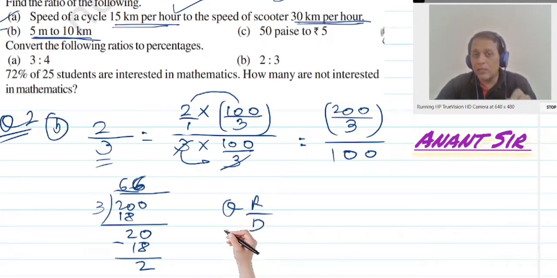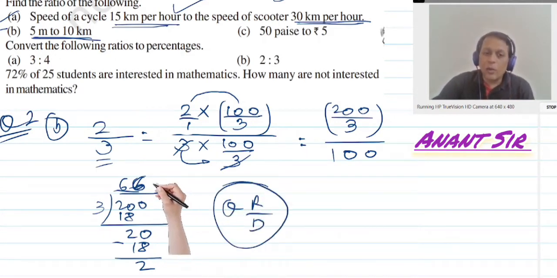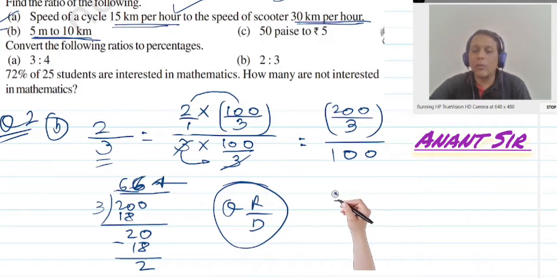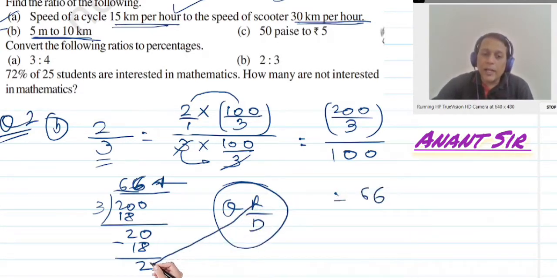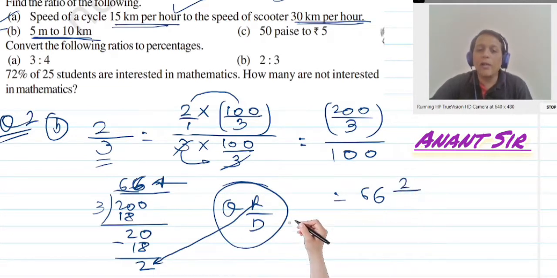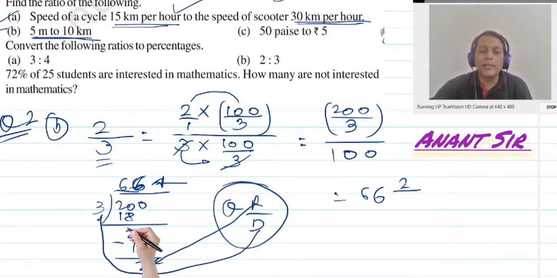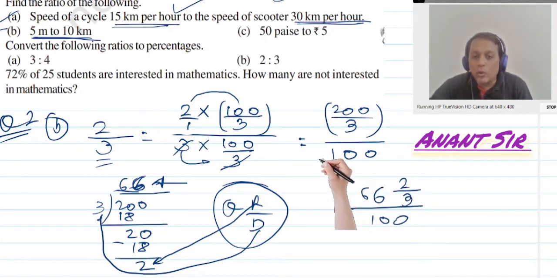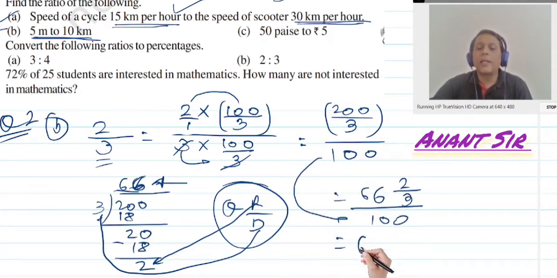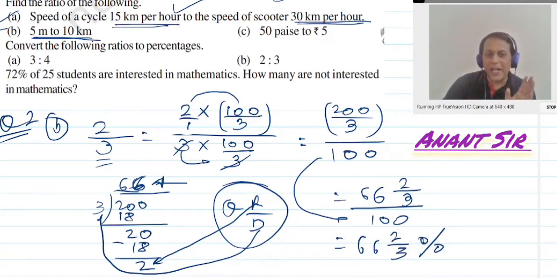We write a mixed fraction like this, right? So what is the quotient here? 66. So I am going to write 66 as the integer. What is the remainder here? 2. And what is the divisor? Divisor is 3. So 66 integer 2 by 3 out of 100. That means it is 66 integer 2 by 3%. So this is your answer, okay.